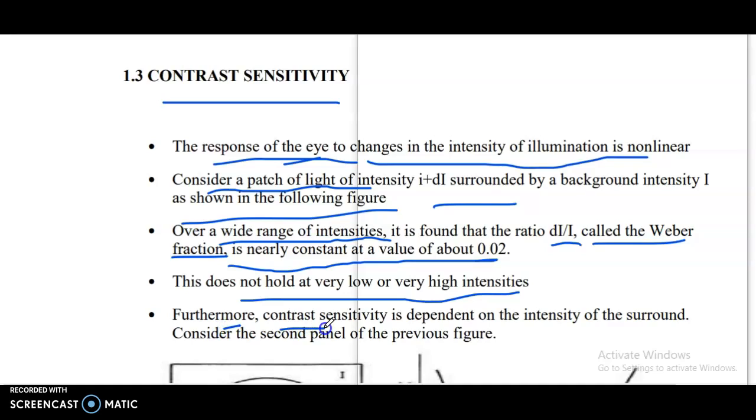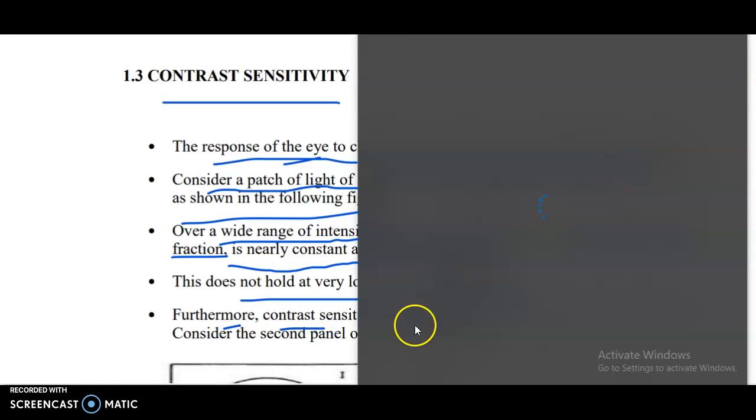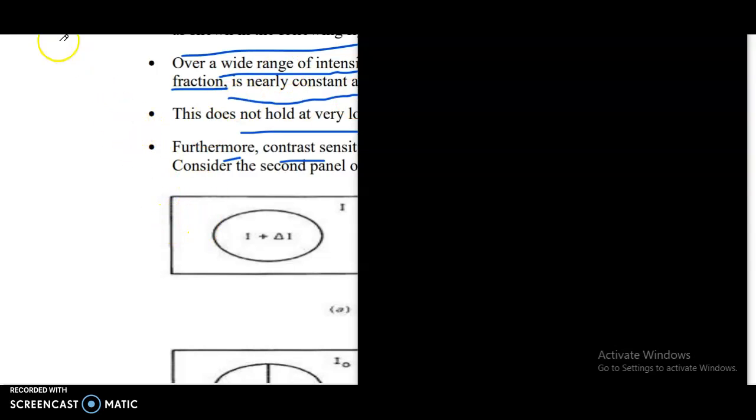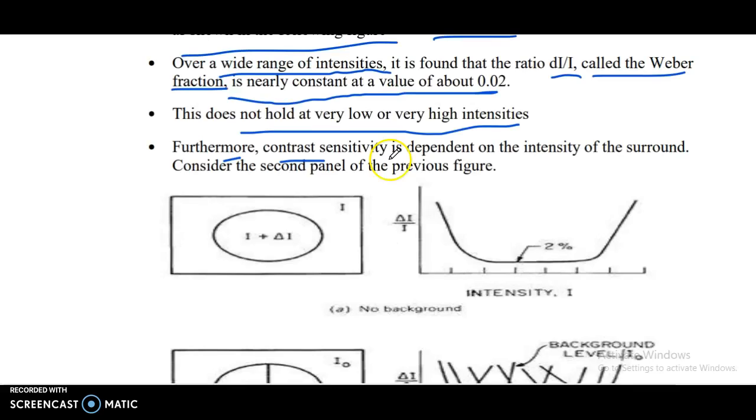Furthermore, contrast sensitivity is dependent on the intensity of the surround.